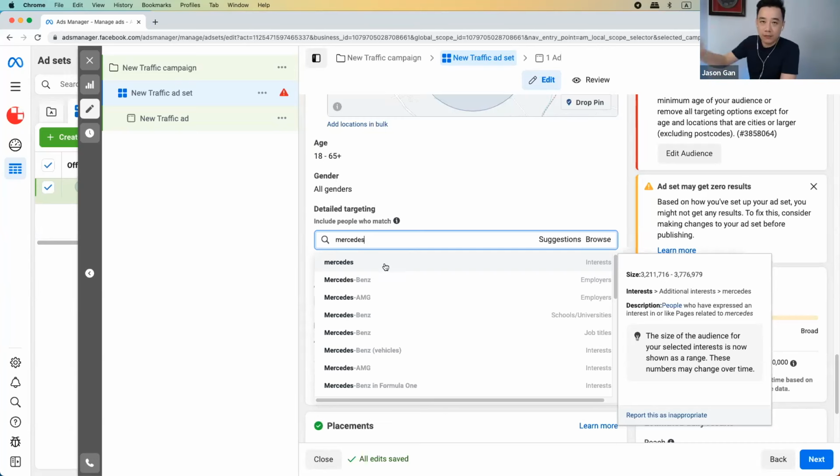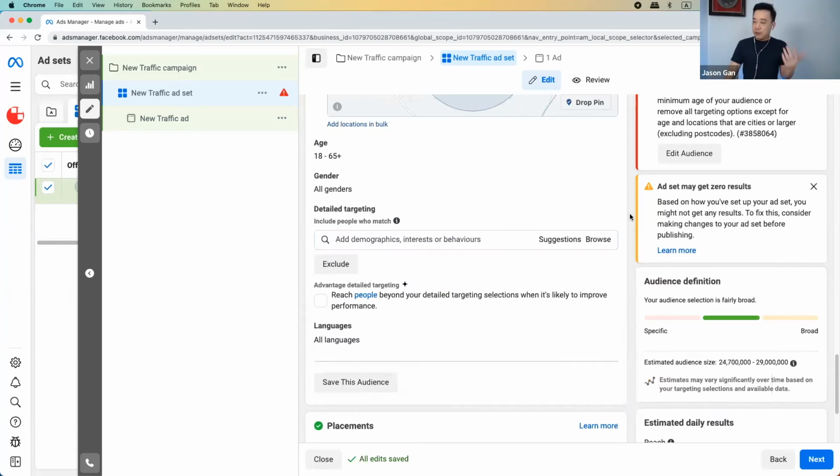That's not our job. That's Facebook's job. What we are trying to do is make our campaign work and learn better, and get our results in a more optimum way. We want results. We are not here to test for Facebook whether Mercedes-Benz works better than Mercedes-AMG. That's not what we are trying to do. Make sense? So when it comes to detailed targeting, that's something I want you to pay attention to.